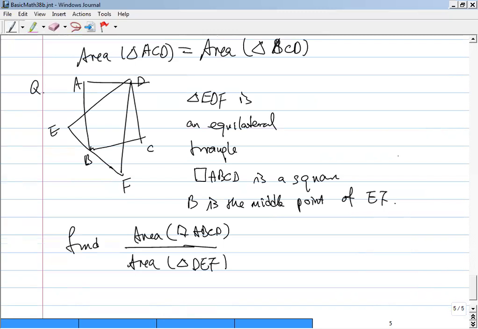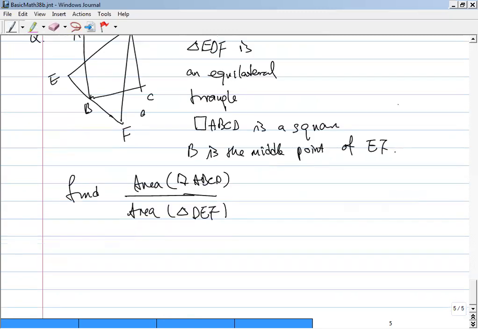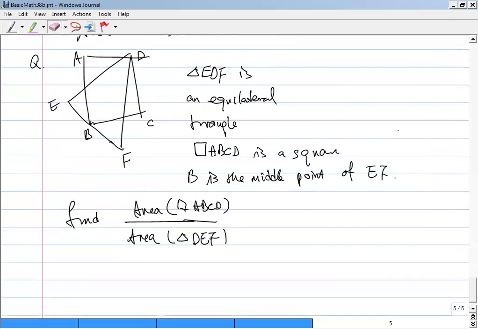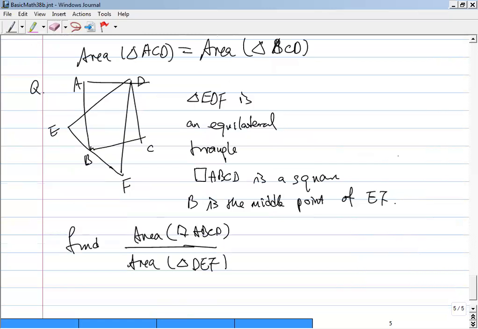You can let one side be A. Let's assume that the edge length of the square is A. Then you can calculate the edge length of the equilateral triangle, right? Then you calculate B. So this side is B.